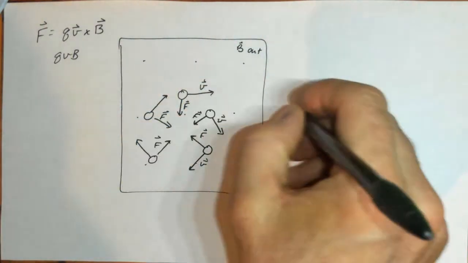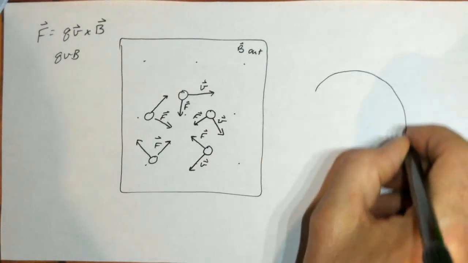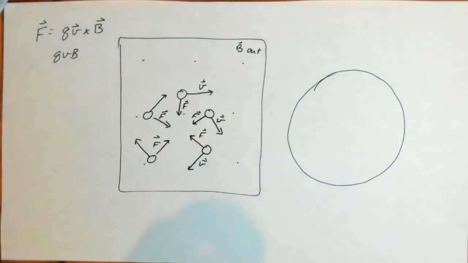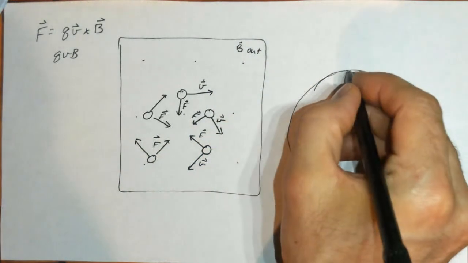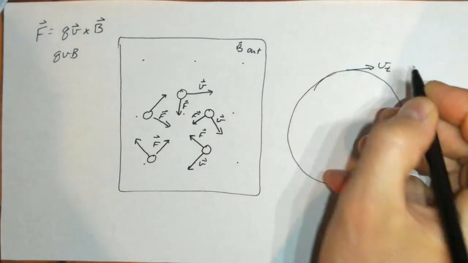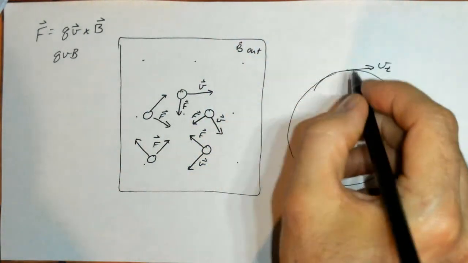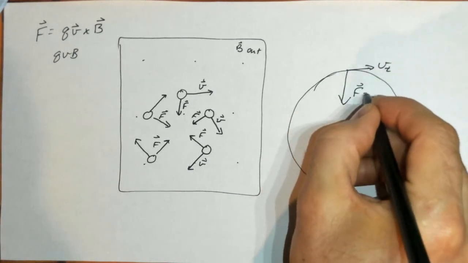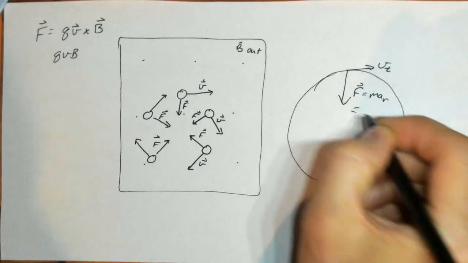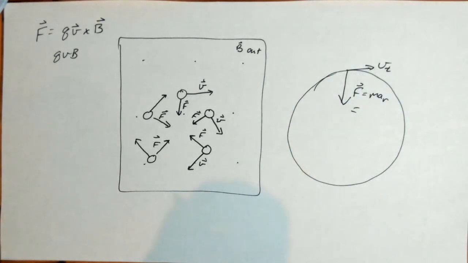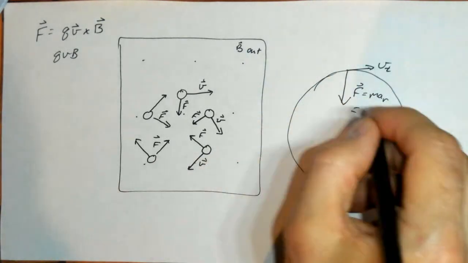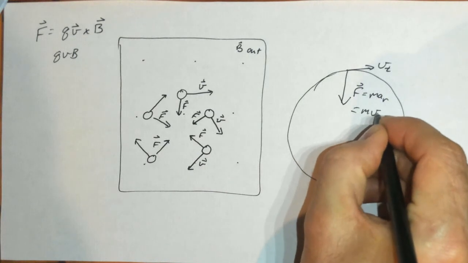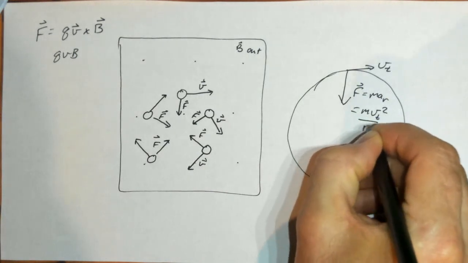If I were to redraw this, I get this circular motion. It is moving at a constant speed, v tangential, and there is a constant force inward, which ought to be equal to m a_r, which we know, the radial acceleration for circular motion, is v tangential squared over the radius of this circle.